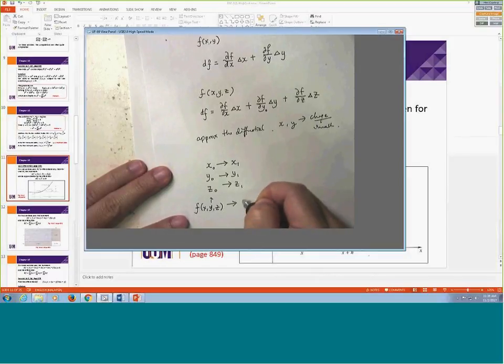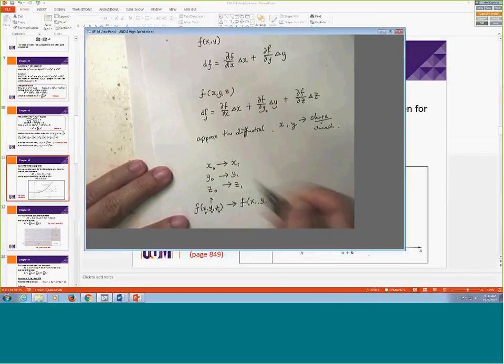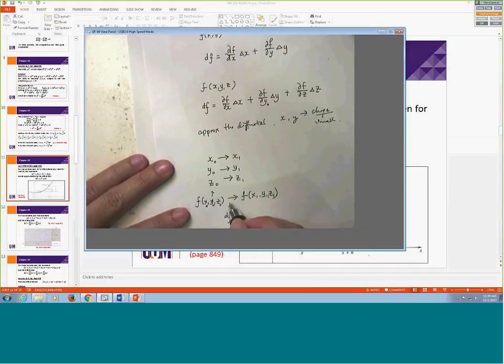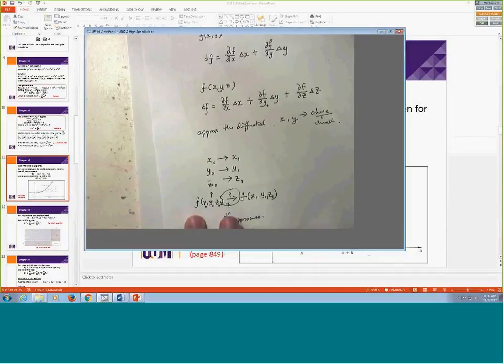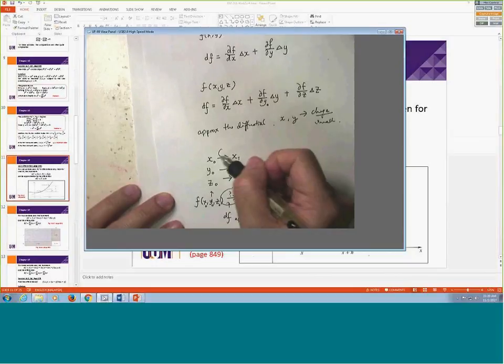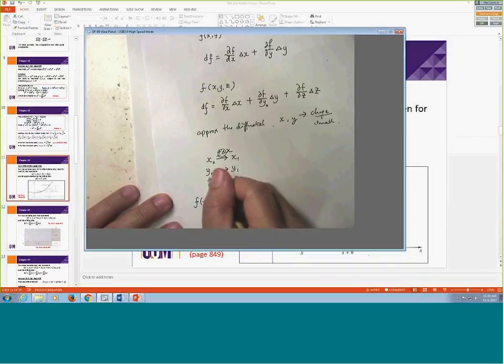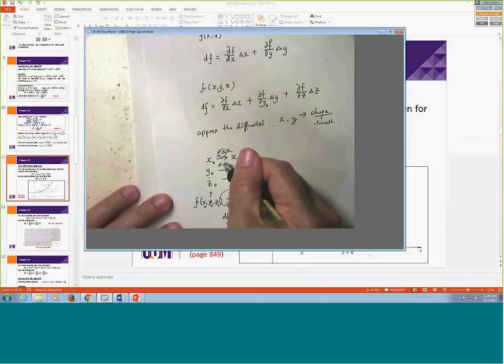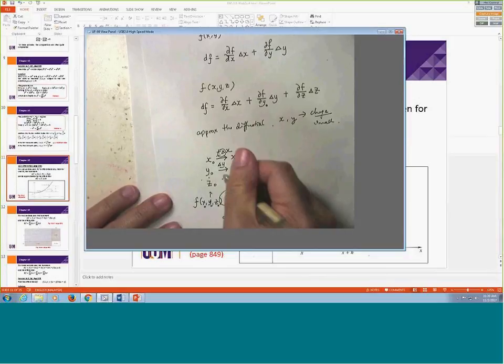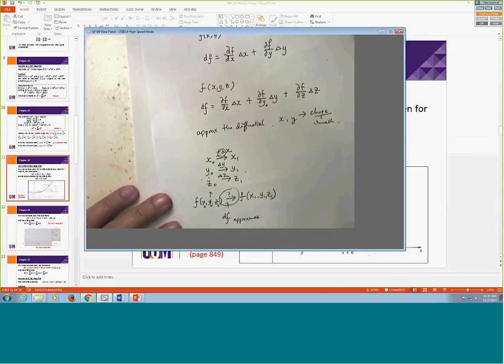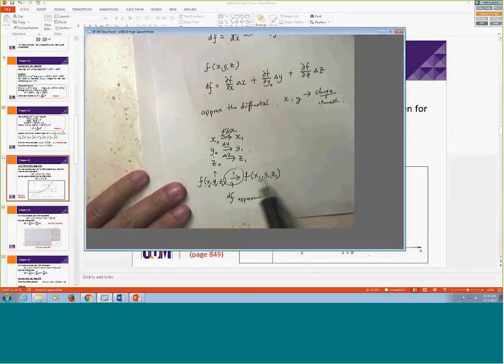So df is the change, approximated using the formula. x changes to x1, it can be plus or minus, y0 changes to y1, z changes to z1, and we expect a change also happens for f.